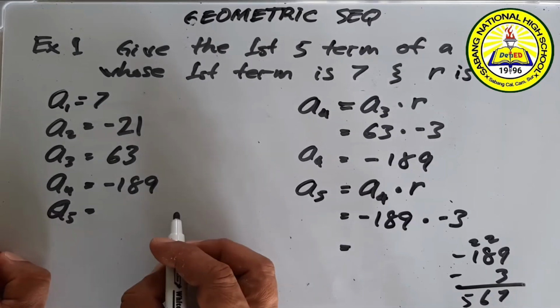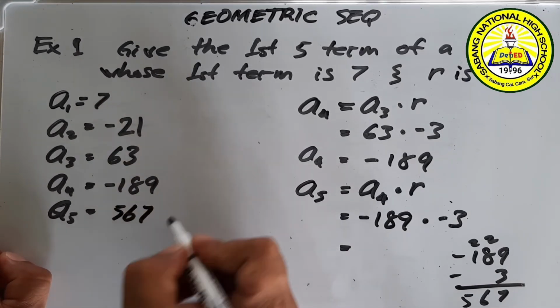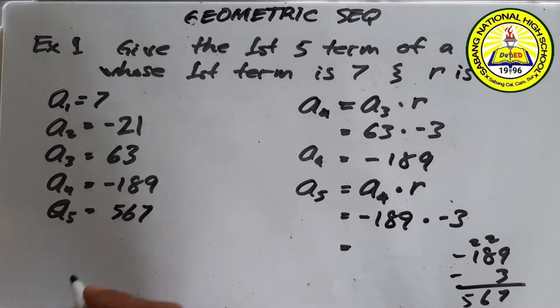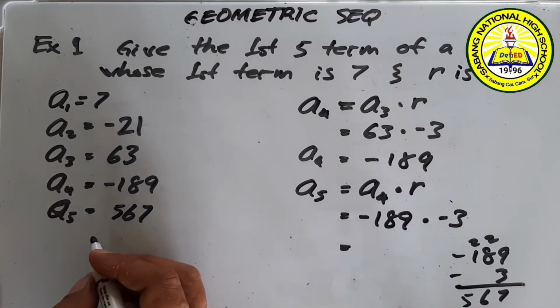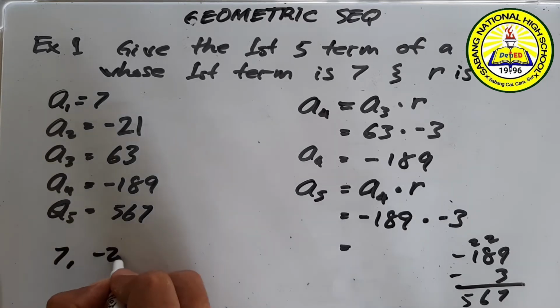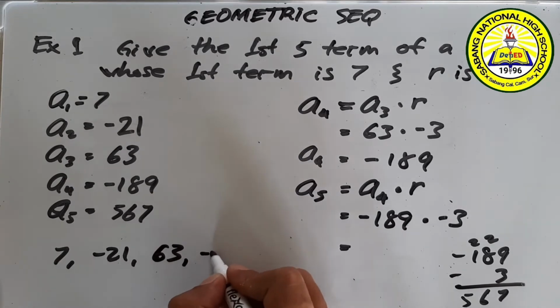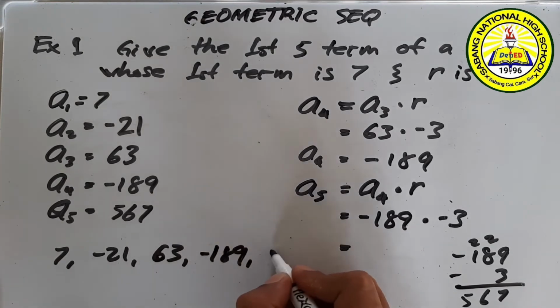Negative 189 times negative 3 is positive 567. Therefore, the geometric sequence being asked is 7, negative 21, positive 63, negative 189, positive 567.